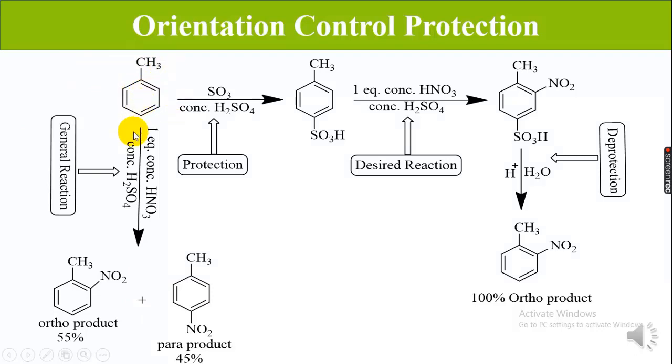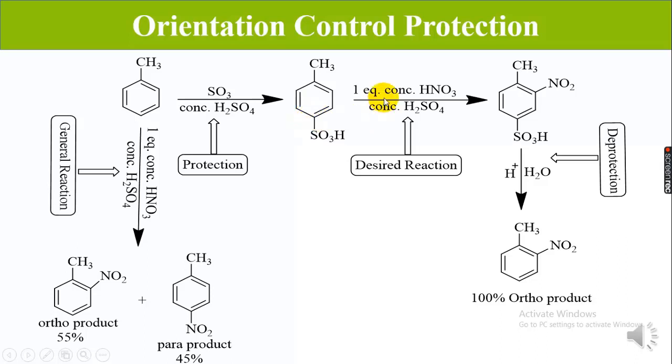Here we have toluene. When we proceed with the general reaction, nitric acid in the presence of sulfuric acid, we will get 55% ortho product and 45% para product. But if we protect its para position by using sulfur trioxide in the presence of sulfuric acid, then sulfonation takes place at only the para position.